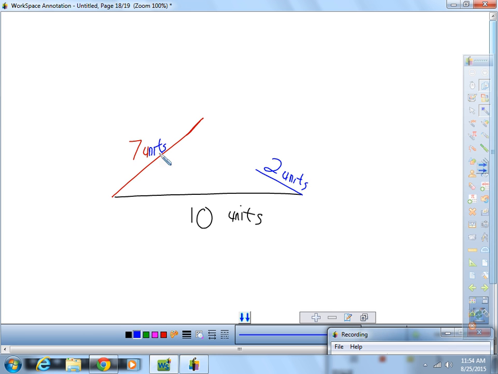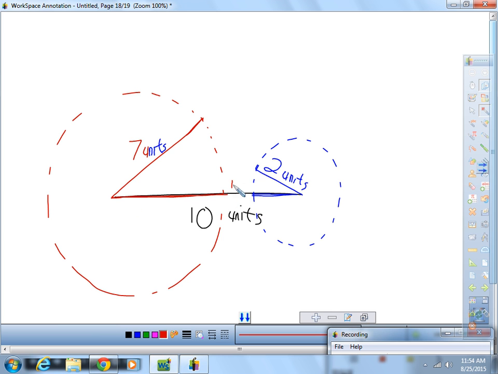If this blue and red segment were blowing in the wind, making circles, let's say there was a hinge there. Well, since 7 plus 2 is less than 10, there's no way a triangle would be formed. This segment would go to here, this segment would go to here, and there'd be 1 unit in between them.